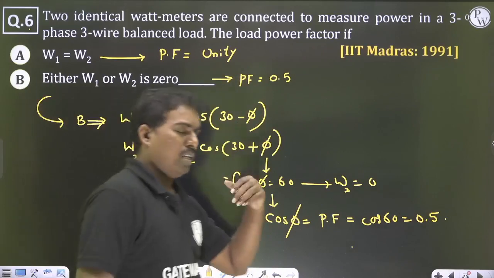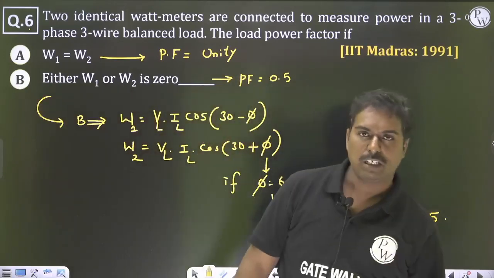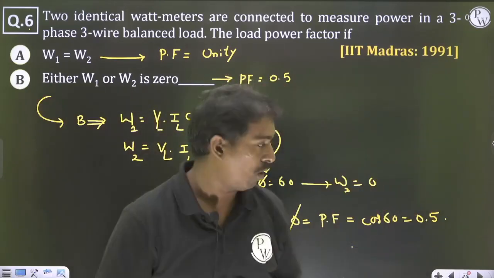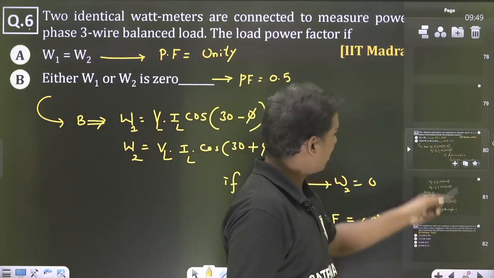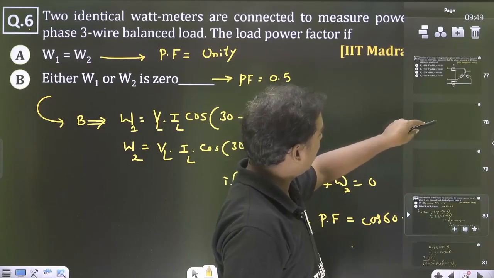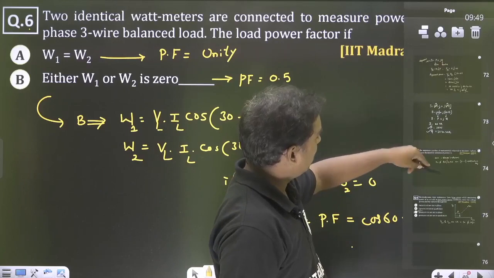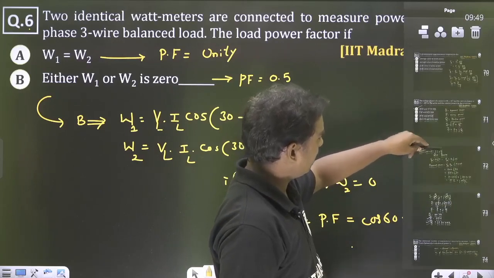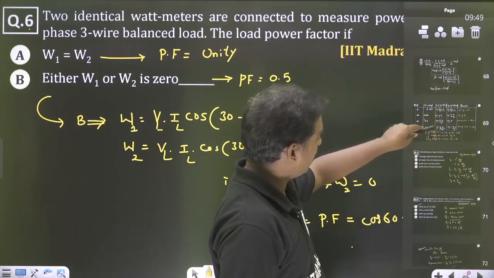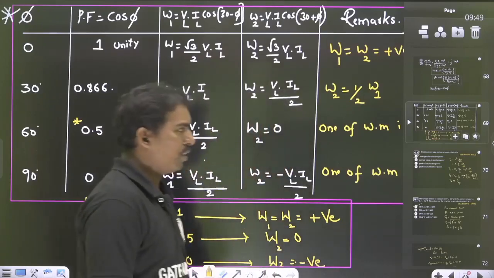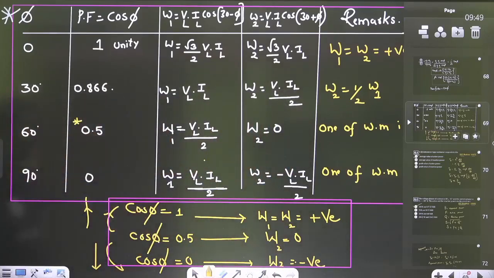That is the way. If you are able to remember, that is enough. I told you how to remember by this table. You can take the 0.5 power factor as a reference, above the power factor and below the power factor.